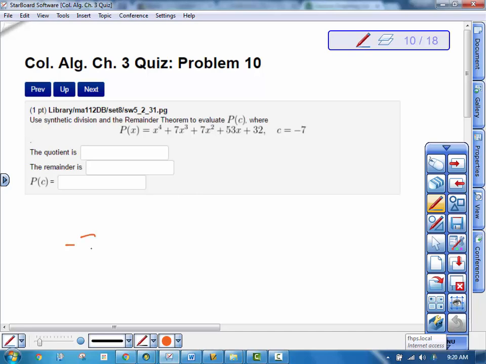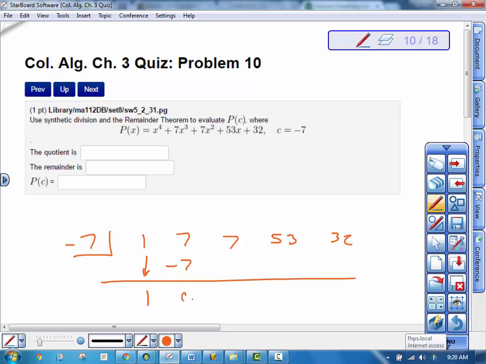Okay, more practice with synthetic division. We're going to divide negative 7 into this: 1, 7, 7, 53, and 32. So we're going to drop down the 1, multiply, add, multiply, add, multiply, add, and then multiply, and the remainder we get is 4.